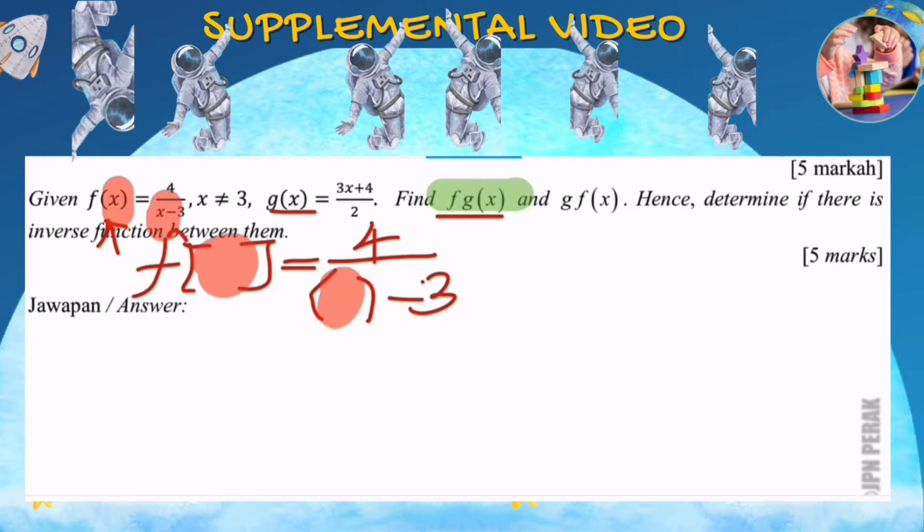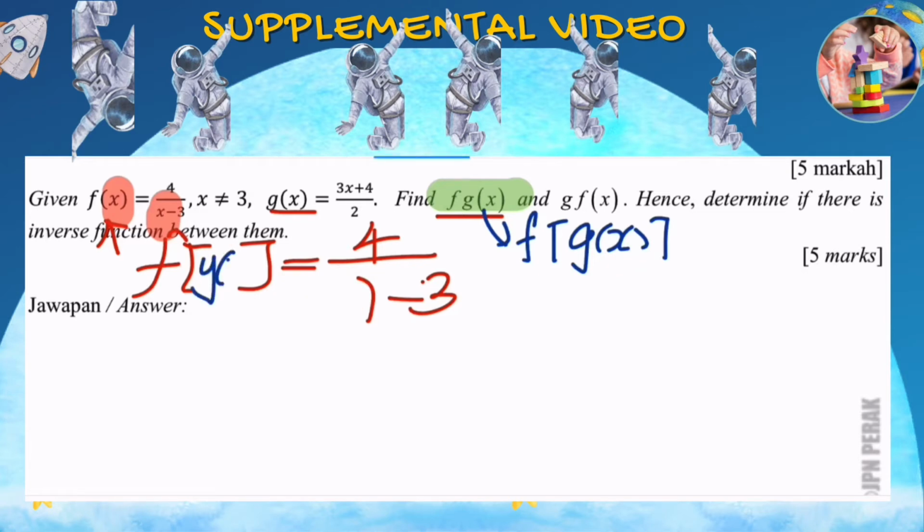It will change because the object now changed to g(x). Before that it is x, right? We copy the function, but we don't write the x. We will substitute with the g(x). So the place of x is now replaced by g(x).